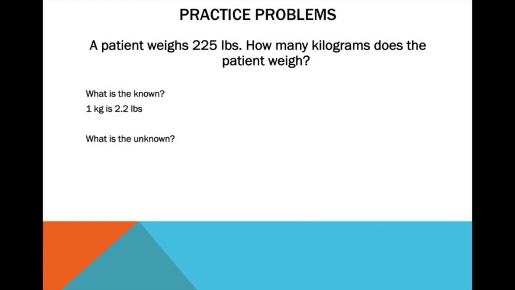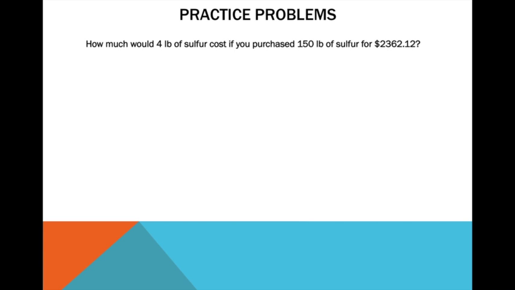Our unknown value is how many kilograms the patient weighs, but our known of that unknown is the 225 pounds. So when we cross multiply and divide, that gives us 102.3 kilograms.